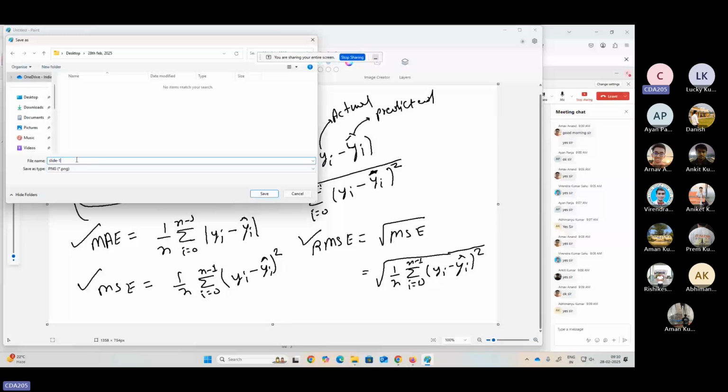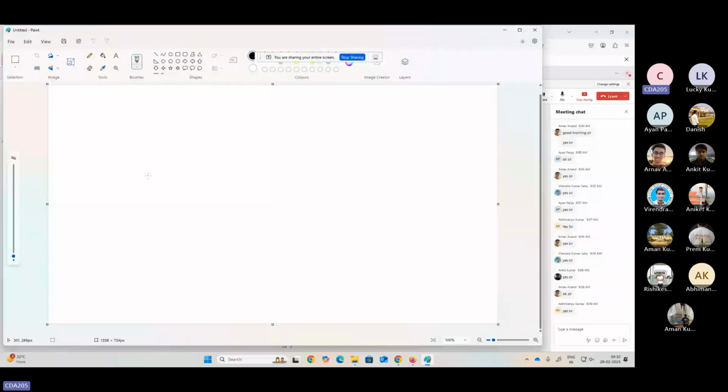So now we will do one calculation. One problem we have to solve. Problem number one. We have the items, that is xi, and we have another one, the actual sales, that is yi.